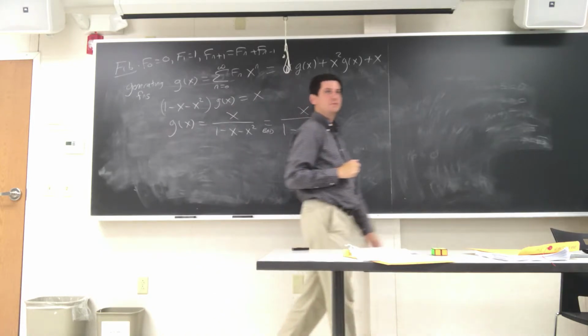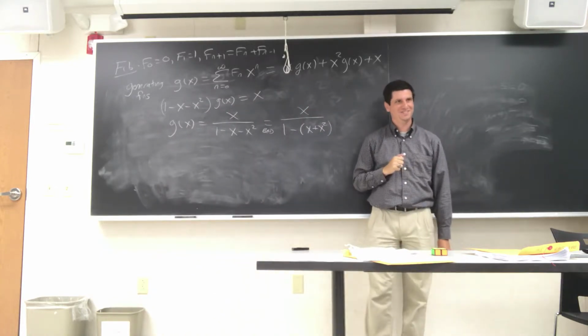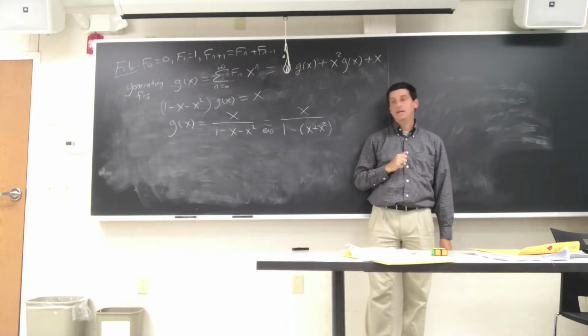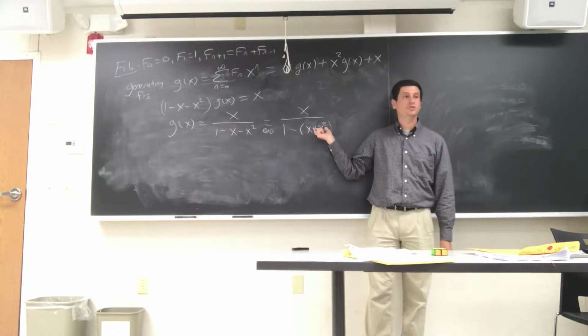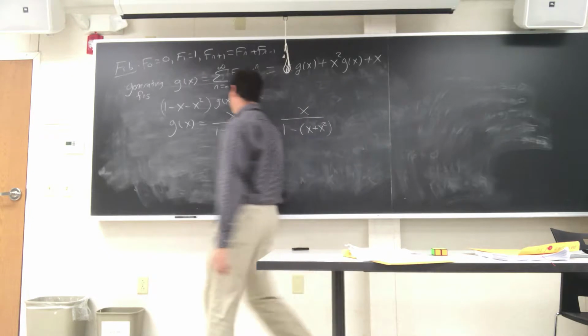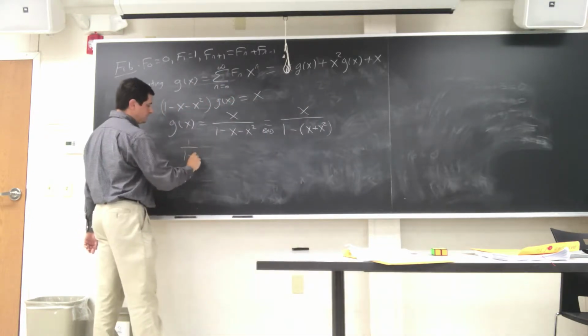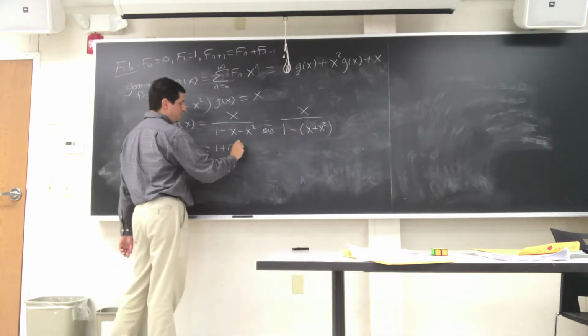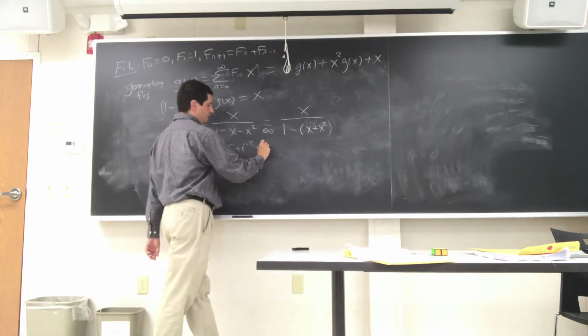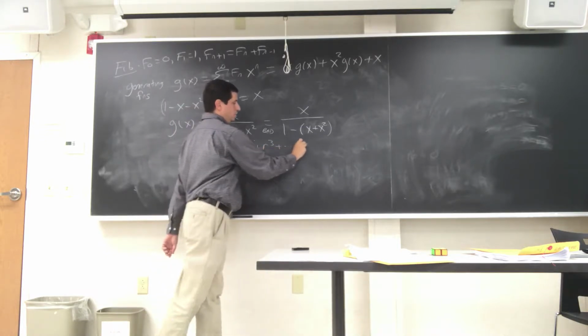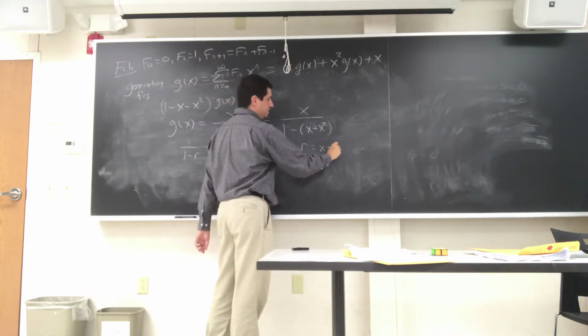So this is an absolutely horrible idea. It seems natural because this is now set up so I can use the geometric series. We know that 1 over 1 minus r is 1 plus r plus r squared plus r cubed. So just take r to be x plus x squared.